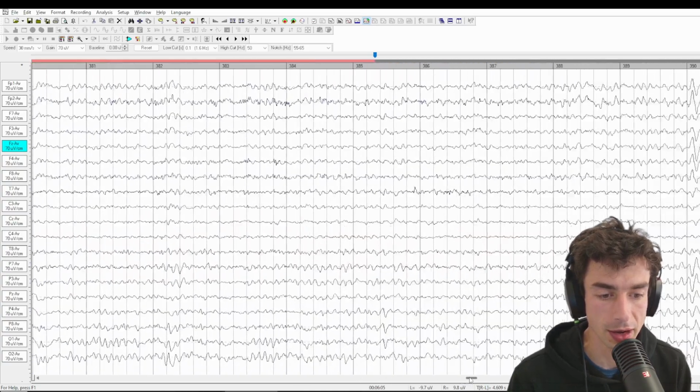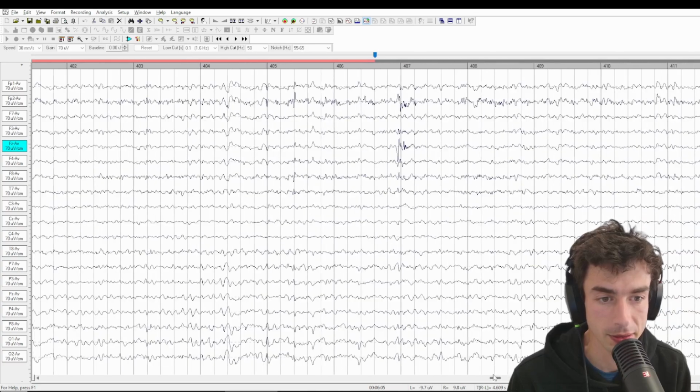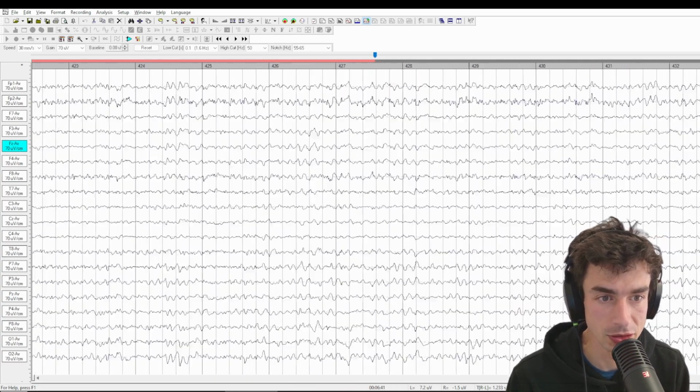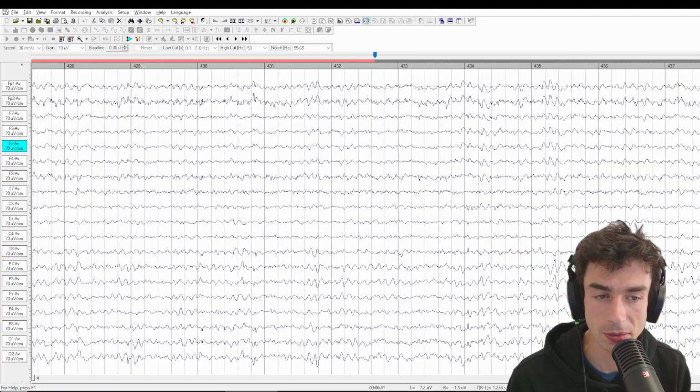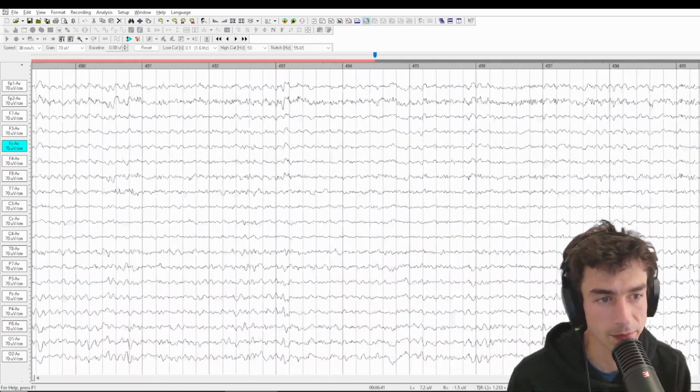Just taking these fragments out so that the spectra are not contaminated by EMG any more than they absolutely need to. It looks like we didn't get quite all of the EMG out of FP2. It's okay.